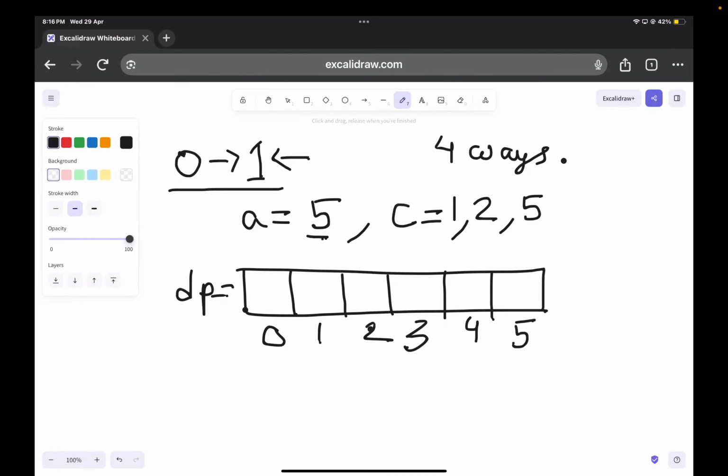Clear with this? Tell me yes or no. I can't see you. Yes, sir. Okay. Now, in order to make zero amount, how many ways are required?